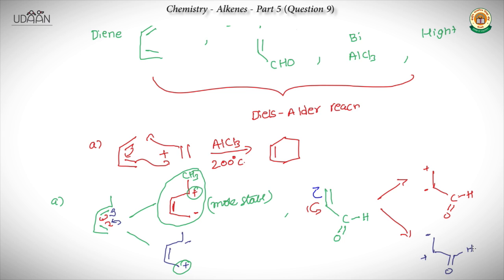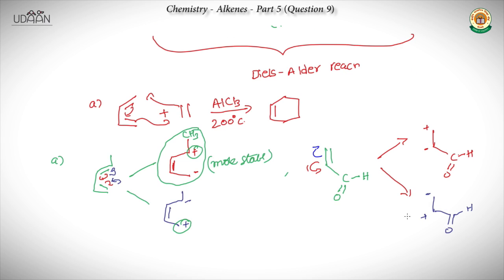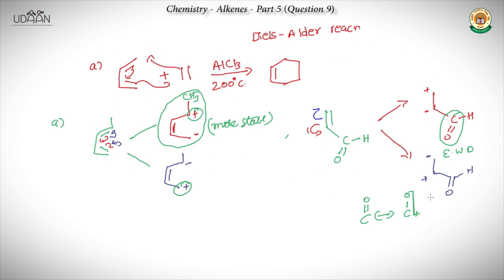Now, you have to think which of it is more stable. If you look carefully, C double bond O is a strong electron withdrawing group, because in the C double bond O, the structure exists like C plus O minus. If you have a strong electron donating group, like in the first case, you have a minus charge here and a plus charge here, it's stabilized by forming a double bond.